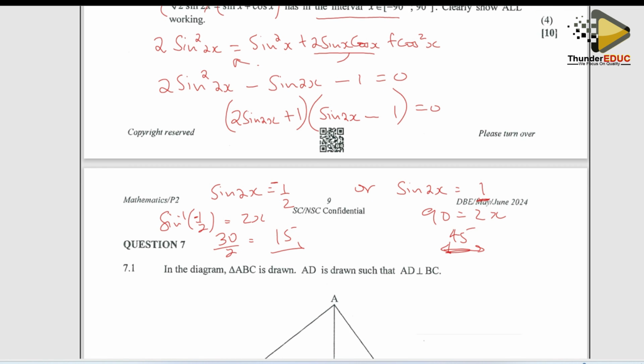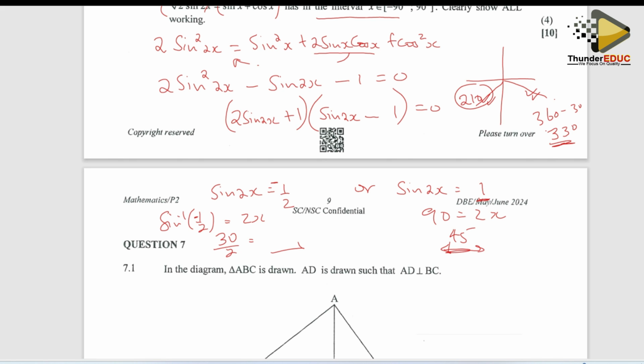Okay. Where do we find sine to be negative? It's in the 4th quadrant and the 3rd quadrant. So that's going to be 360 minus 30, which is 330. Here it's going to be 210. Okay, so this isn't correct. 15 is not correct.